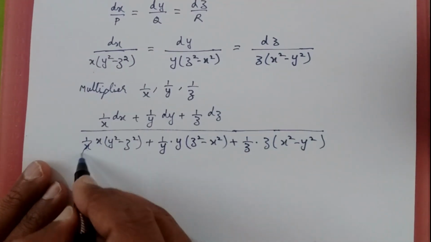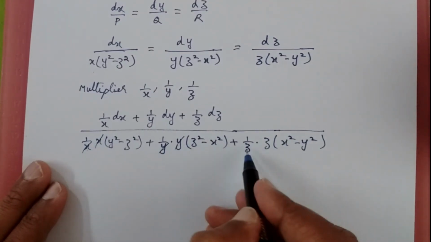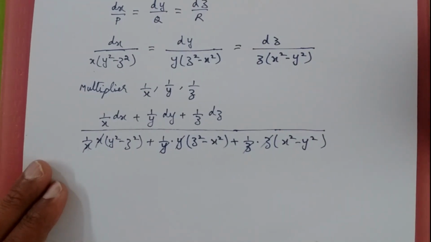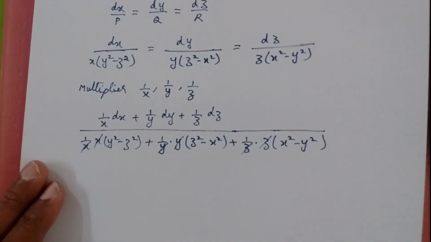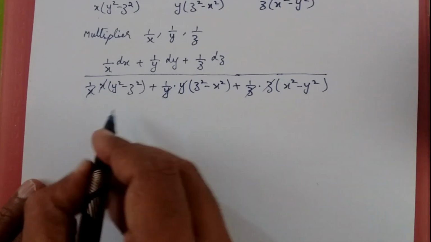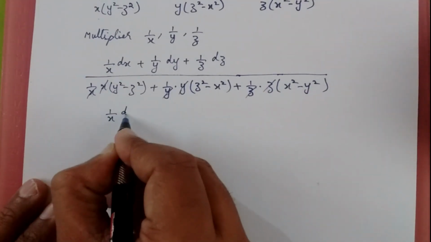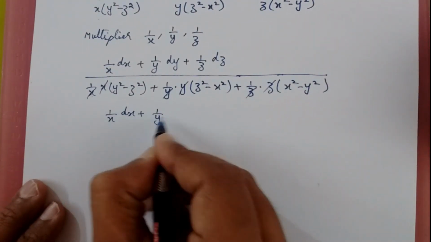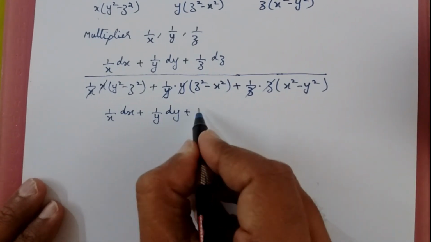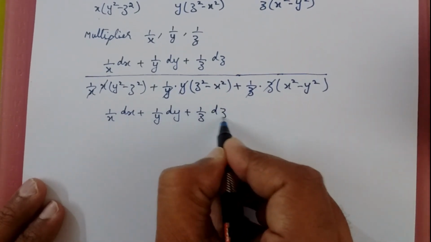Observe here, x and x will cancel out, y and y will cancel out, z and z will cancel out. So it becomes 1 by x into dx plus 1 by y into dy plus 1 by z into dz.